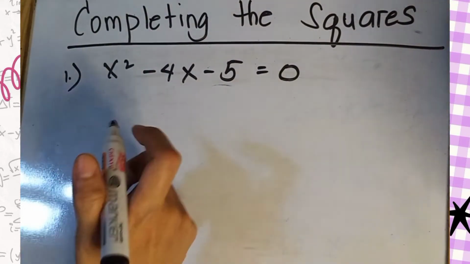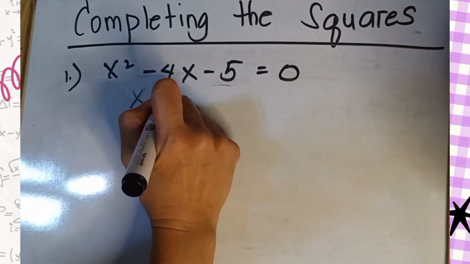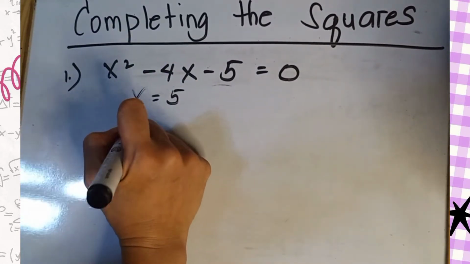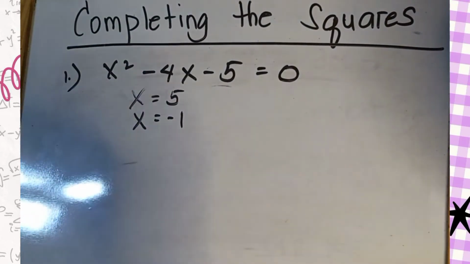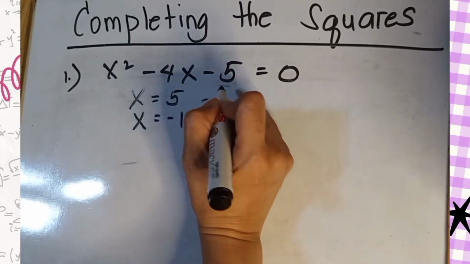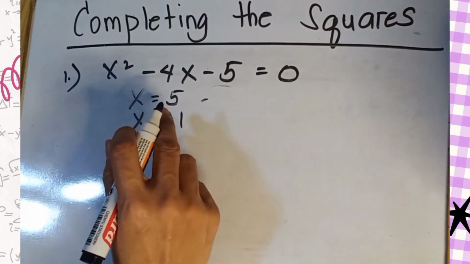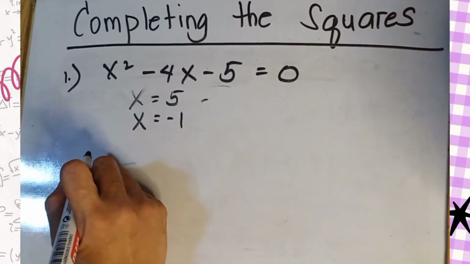Okay, so let's check. Sabi natin kanina, x is equal to either positive 5 or negative 1. Alright, so let's now have the first value of x, which is 5. So, simply replace 5 dun sa mga x na nakita natin sa equation.